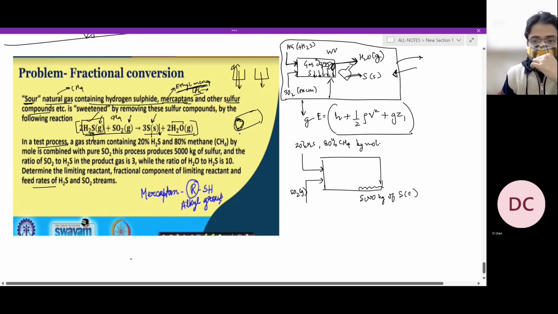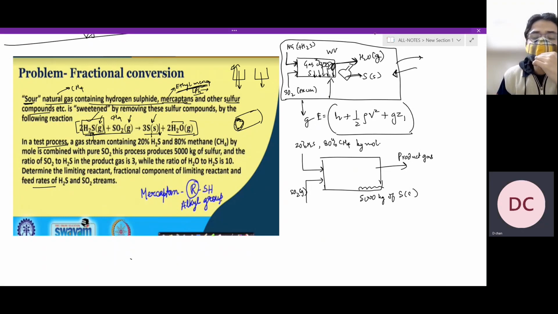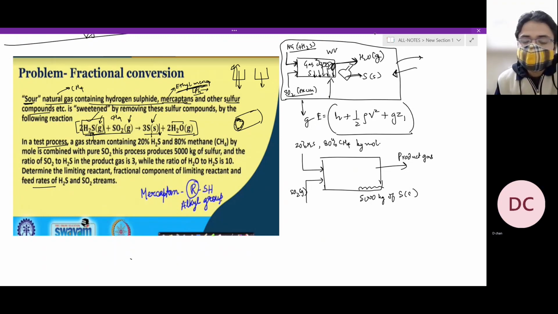And this is the product gas. Now the point is, in this reaction, there could be two things happening. One would be that you are supplying all these gases in their stoichiometric formulation, and the entire thing is getting converted into water vapor and sulfur.